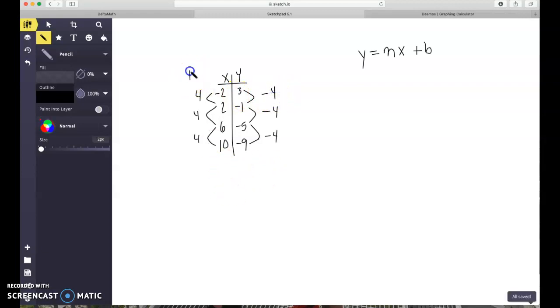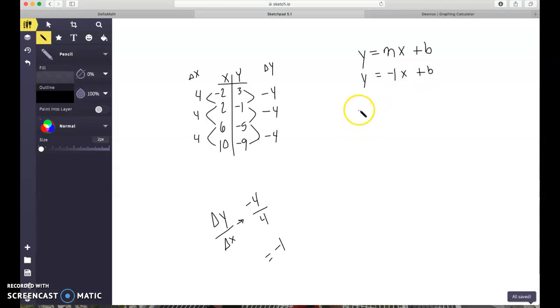So I'm going to do my change in y, delta y, divided by my change in x, delta x, which is -4 divided by 4, and that gives me -1. So I know my slope is -1x plus b.